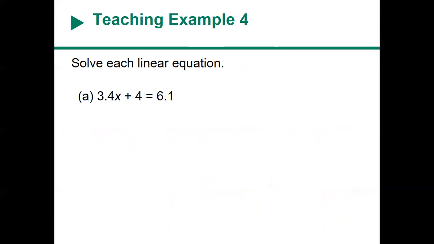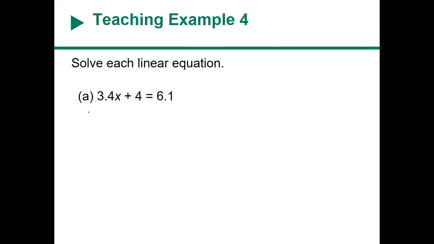Now we're going to talk about decimals. Yay! Ugh. Decimals are boring. All right. So decimals. We have 3 and 4/10 x plus 4 equals 6 and 1/10 x. Just because it's a decimal, is it going to change how I operate? No, it's not. What do I need to do? I need to move the 4.